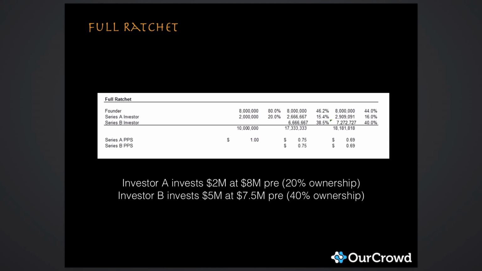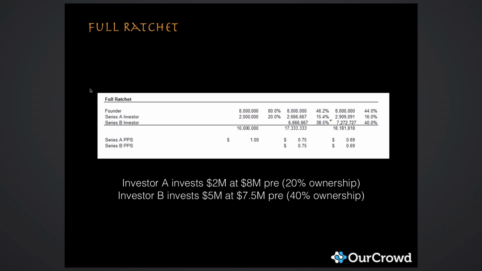Now, if you assume that the Series B investor pays, again, the 75 cents a share that we showed in the previous chart, then the Series A investor should also be only having to pay 75 cents a share. So now if you take the Series A investor's investment amount of $2 million, and instead of dividing it by $1 per share, divide it by 0.75 per share, you now see that the Series A investor effectively bought 2.67 million shares instead of just the 2 million shares, okay?